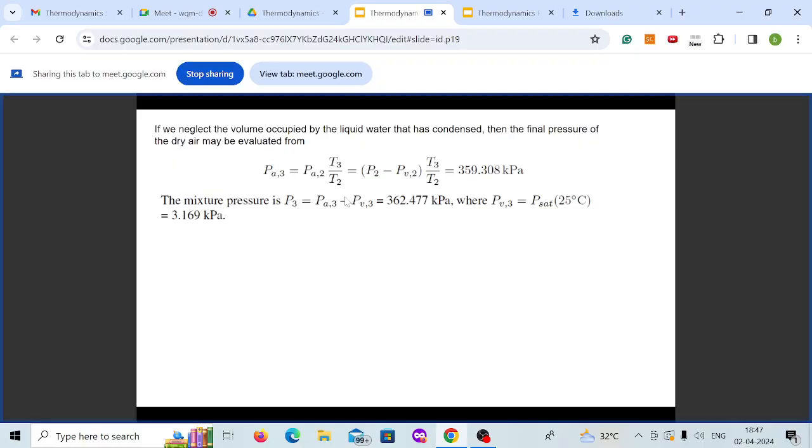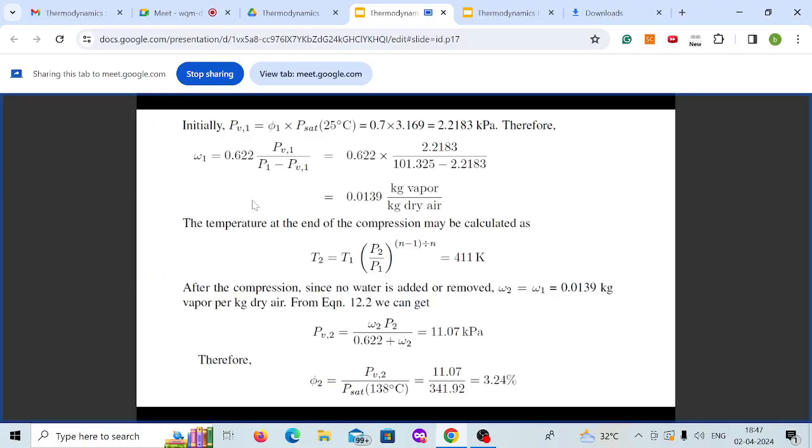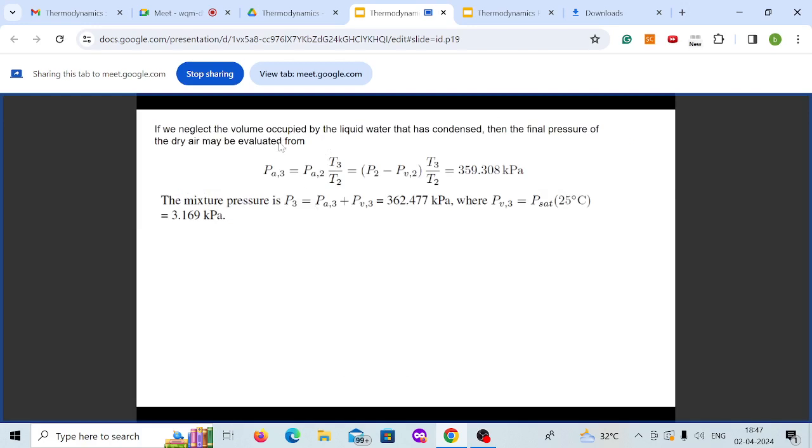Now next, we also need to find the final pressure. Since it is a constant volume process and we know the temperatures, P by T will be constant. So P_a3 by T3 equals P_a2 by T2, so we can write P_a3 as P_a2 into T3 by T2.